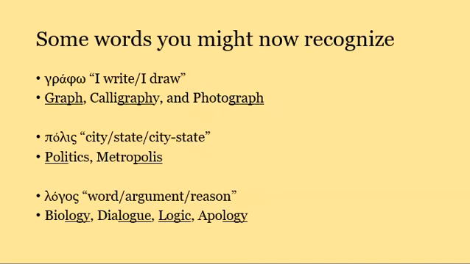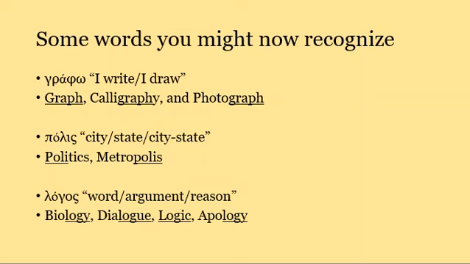So now that you can see some cognate letters, let's look at these words and maybe you'll be able to recognize some stuff. This first word, grafo, means I write or I draw, and that's where we get graph, calligraphy, photograph, stuff like that.